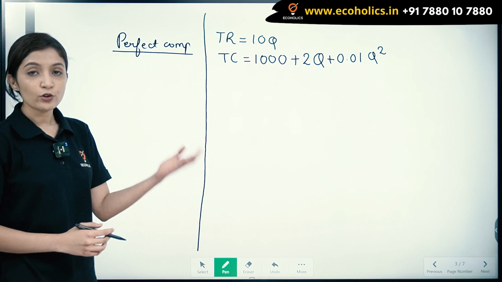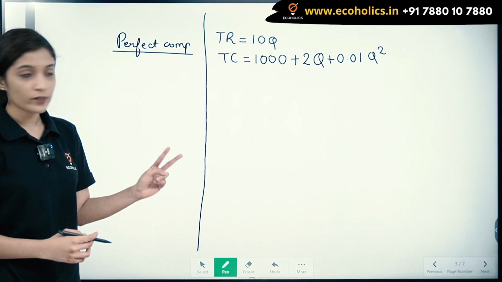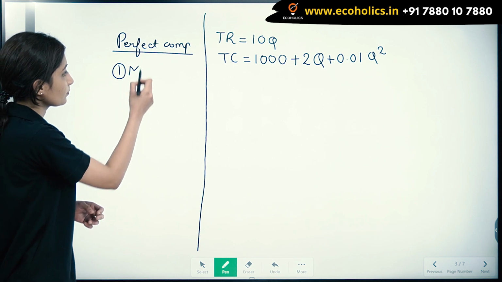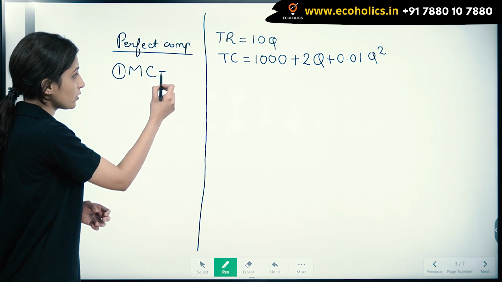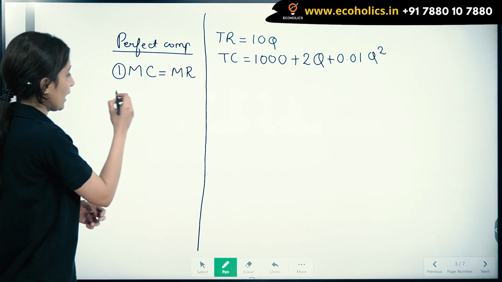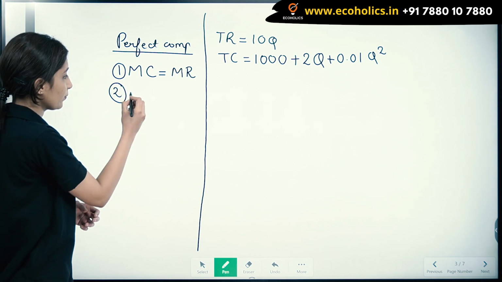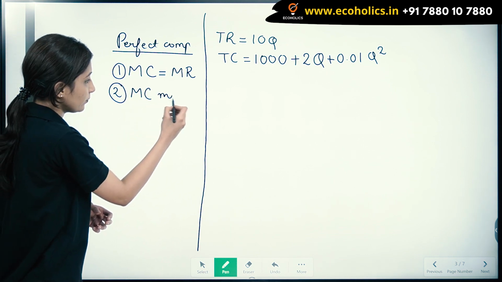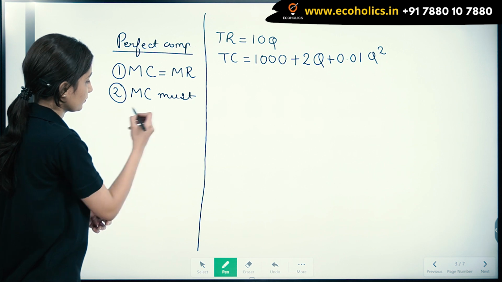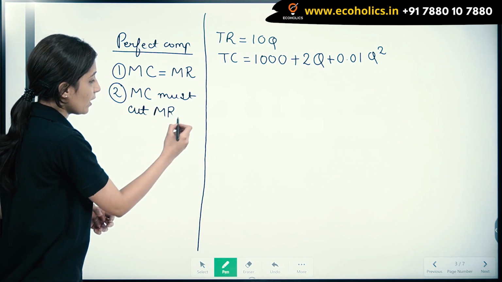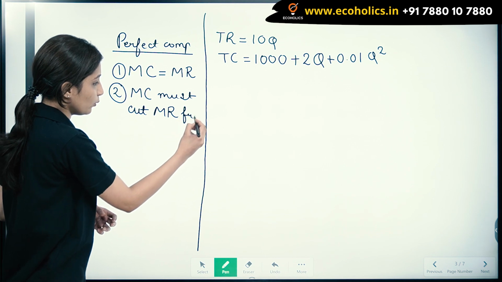for a firm to be in equilibrium, two conditions should be satisfied. Our first condition was marginal cost should be equal to marginal revenue, and second condition is MC curve must cut MR curve from below.